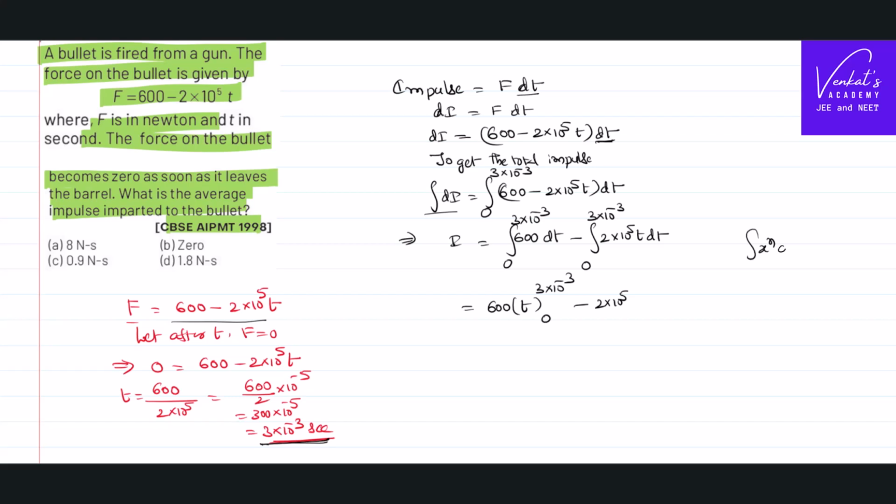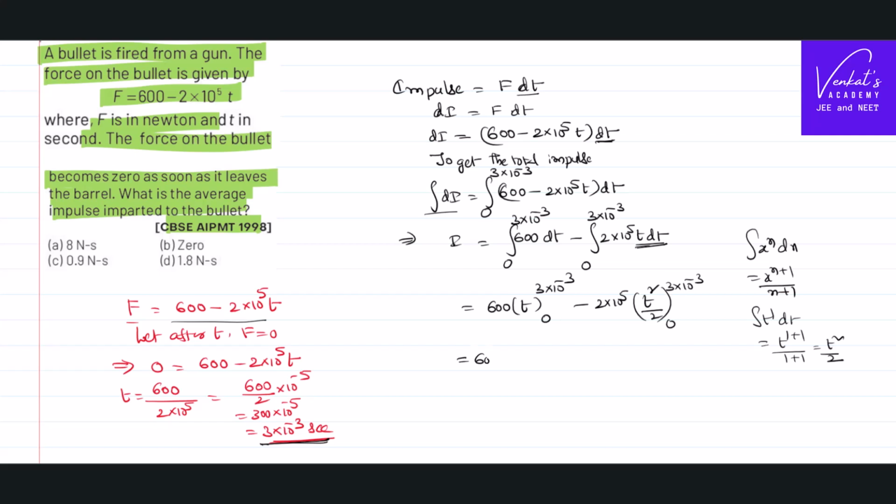There's the formula, as you know, integral of x power n dx equal to x power n plus 1 by n plus 1. Now t power only 1 is there, so integral of t power 1 dt is t power 1 plus 1 by 1 plus 1, that is t square by 2. So this term's integration becomes t square by 2, whose limits are from 0 to 3 into 10 power minus 3.